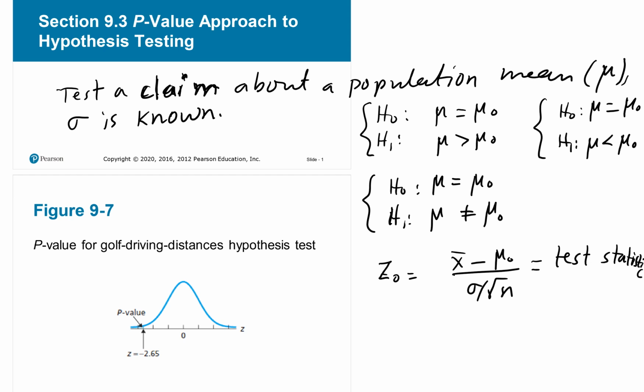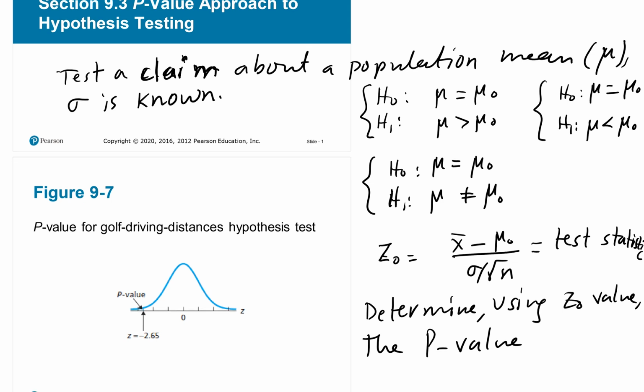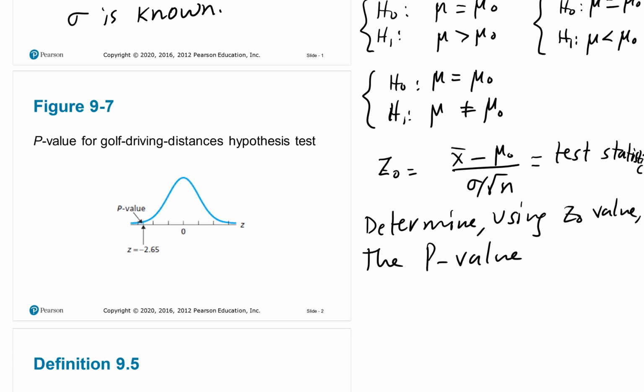And what we need to do is determine, using the z sub 0 value, what we call the p-value. P is like a probability value.